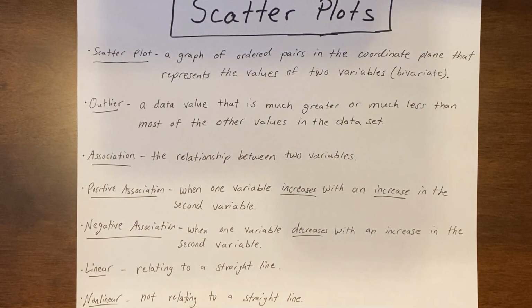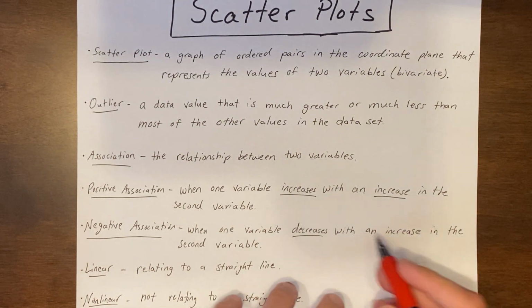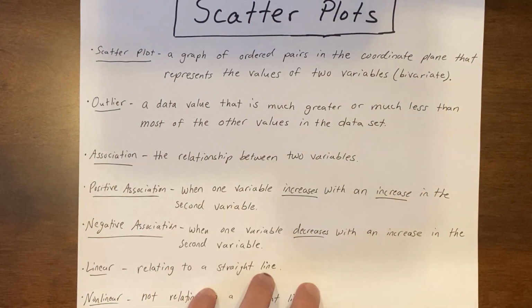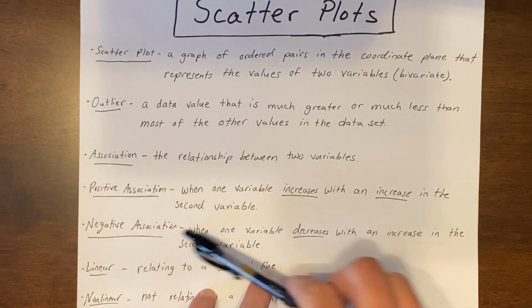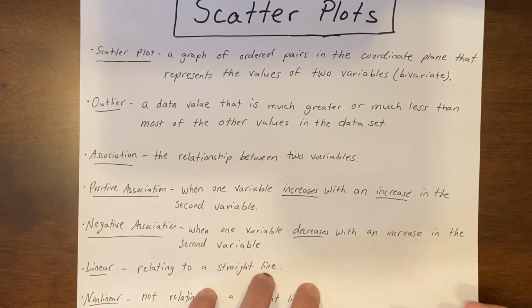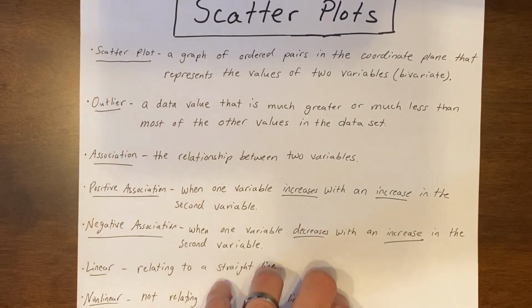Or if one goes up, is the other going down? And we'll kind of navigate those in just a minute. A negative association is when one variable decreases with an increase in the second variable. Okay, so we got increase for positive, and we have decrease and increase for negative.